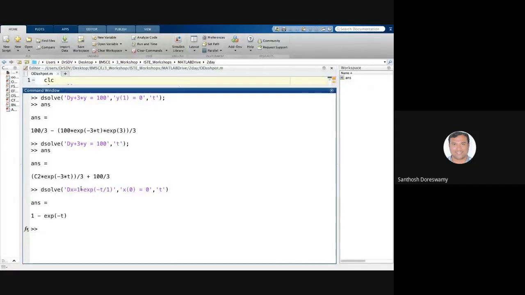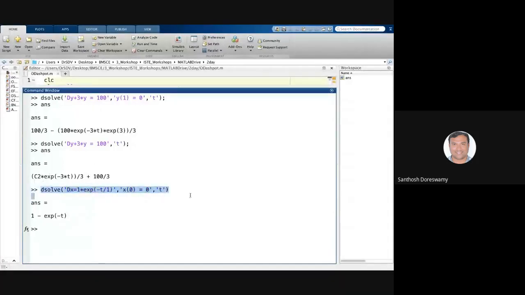So if I see the solution to this problem, which is having an exponentially decaying force with C to be 1, if you solve this with the initial condition x of 0 equals 0, then you will see that the particular solution is 1 minus e power minus t. That's the particular solution that you have.